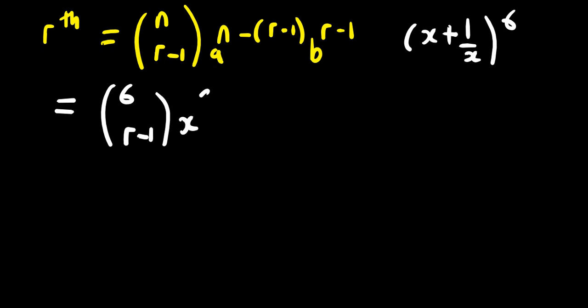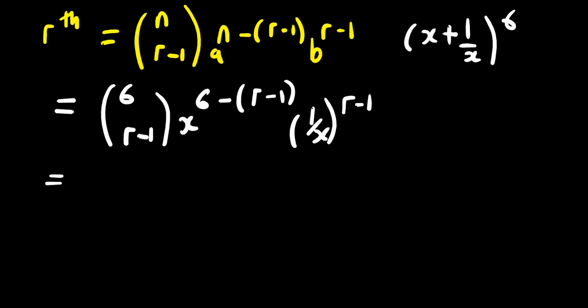Now n is 6 minus r, we don't know what r is, so it is r minus 1. b we are saying is 1 over x, so 1 over x to the power r minus 1. Then what do we now do? Now we can solve. We've got 6 choose r minus 1, then we've got x to the power 6 minus r minus 1.